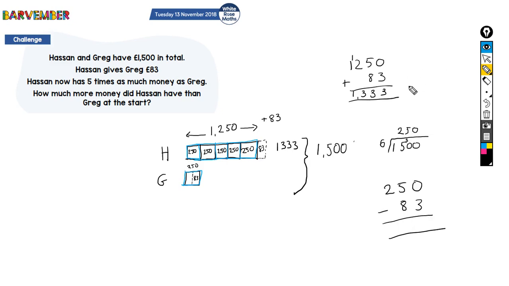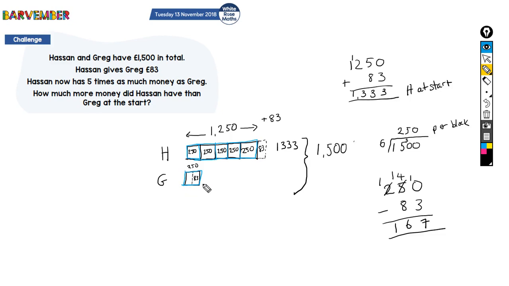I ought to have written that this is Hassan at start, but I've put that in there just so that I can keep track of things. So that's per block. All right, so that gives us 167.